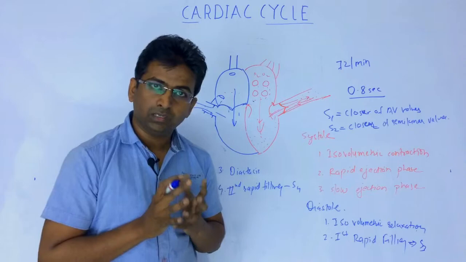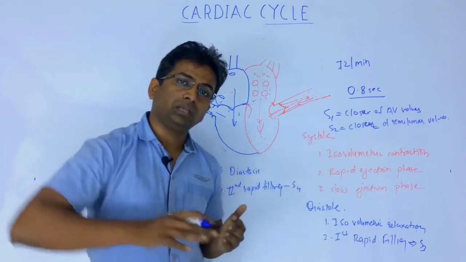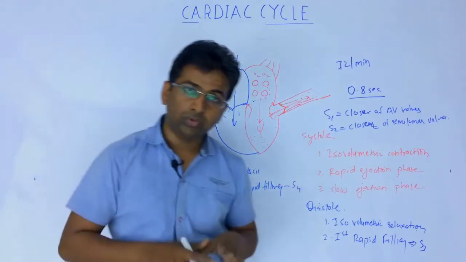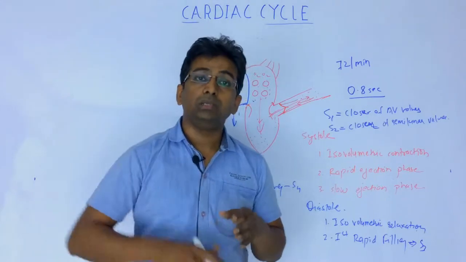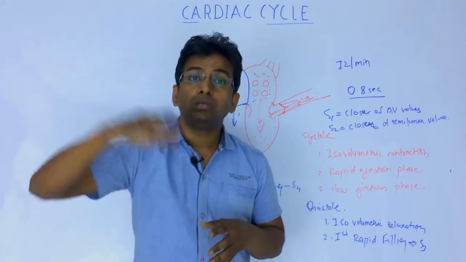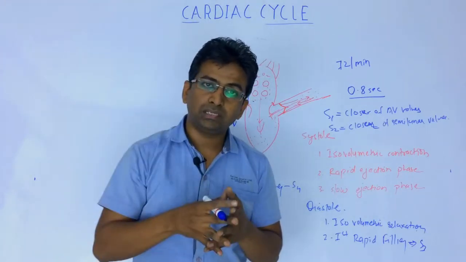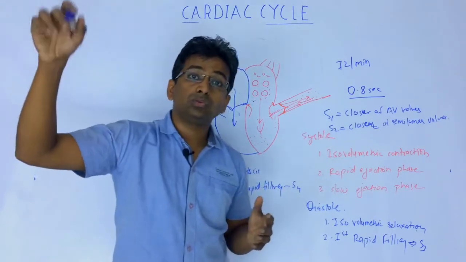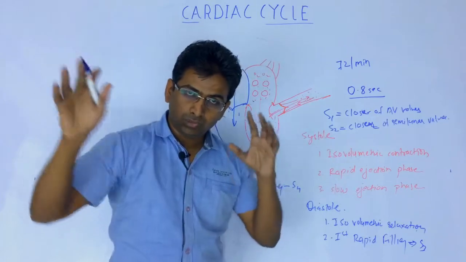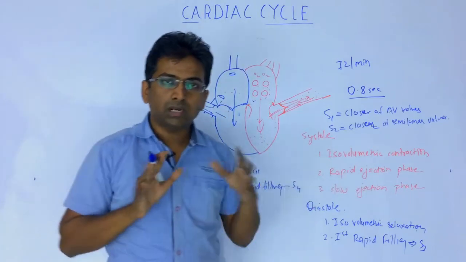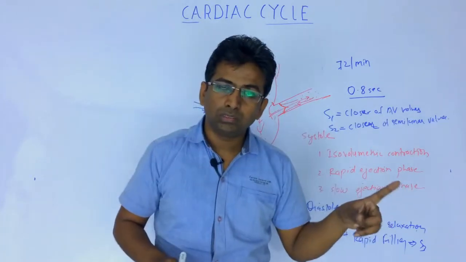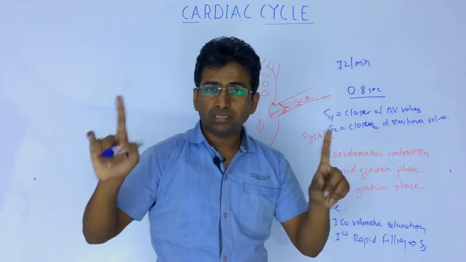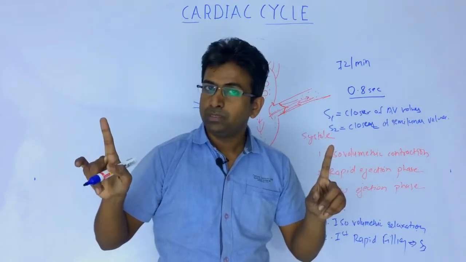Then there was isovolumetric contraction, blood was ejected from the ventricle to the aorta in the phase of rapid ejection, then slow ejection. Then diastole started, the ventricle started relaxing, and there was closure of the semilunar valve. So when the ventricle started contracting, the AV valve closed, and when the ventricle started relaxing, the semilunar valve closed.